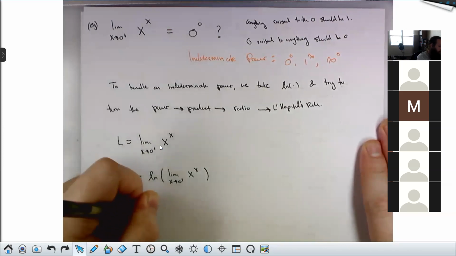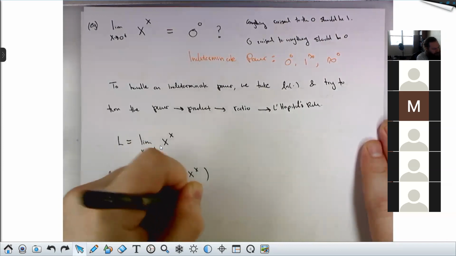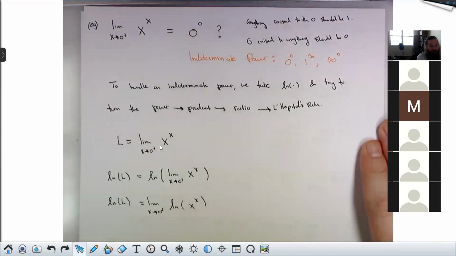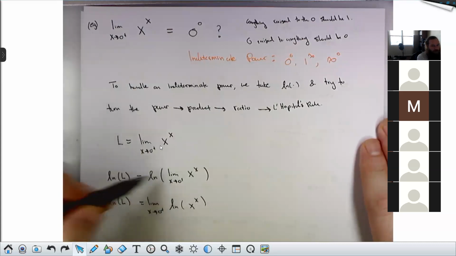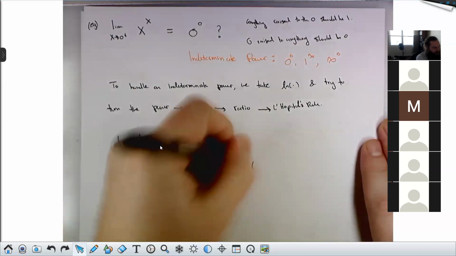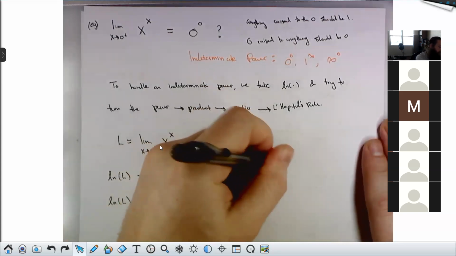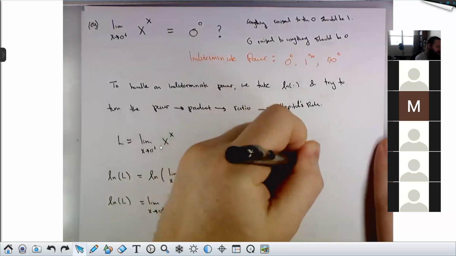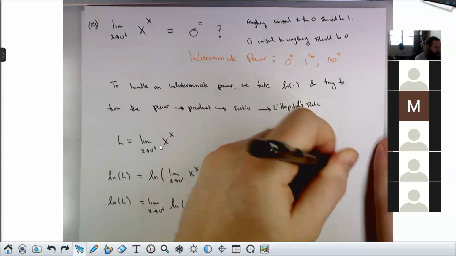So I get lim x to 0 plus natural log of x to the x. So first you set the thing equal to L. Then you take natural logs on both sides. Then you pop the limit out. This is something you can do with any continuous function. f of lim x to c g of x is the same as lim x to c f of g of x.